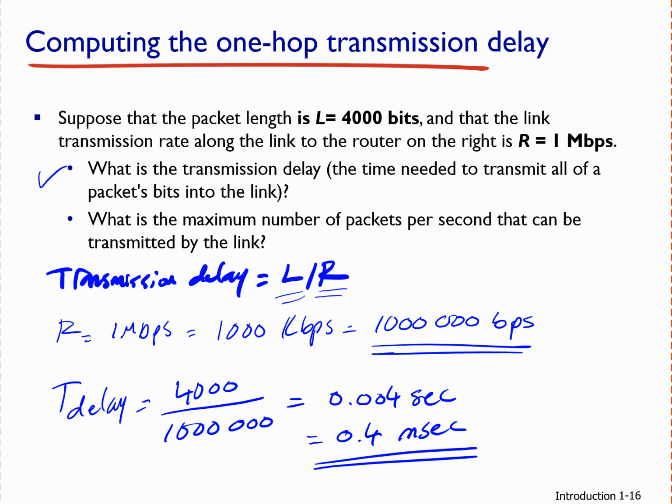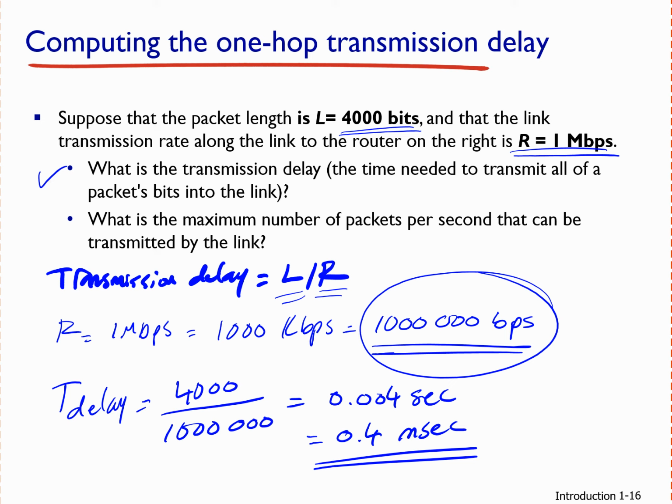Now the second question is, what is the maximum number of packets per second that can be transmitted by the link? Again, we have a link of 1 megabit per second, which is equal to this, and each packet is 4000 bits.